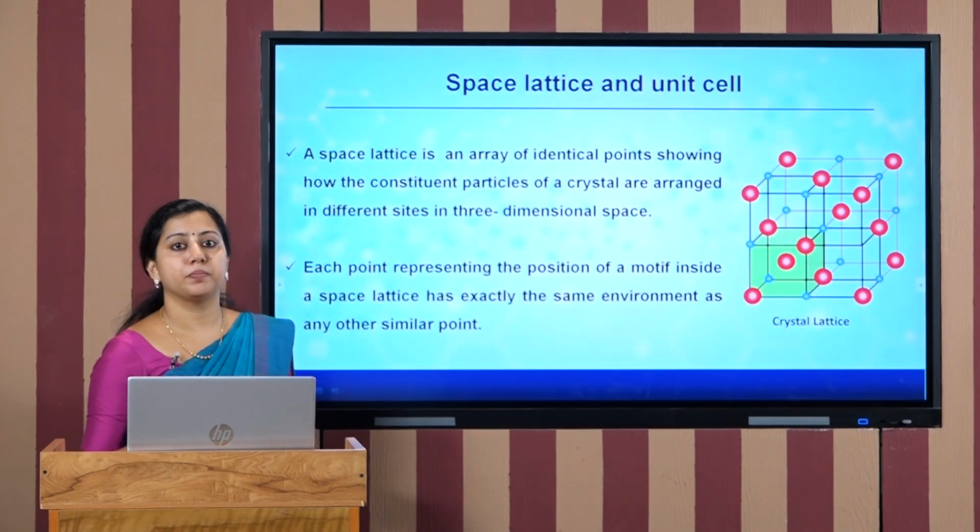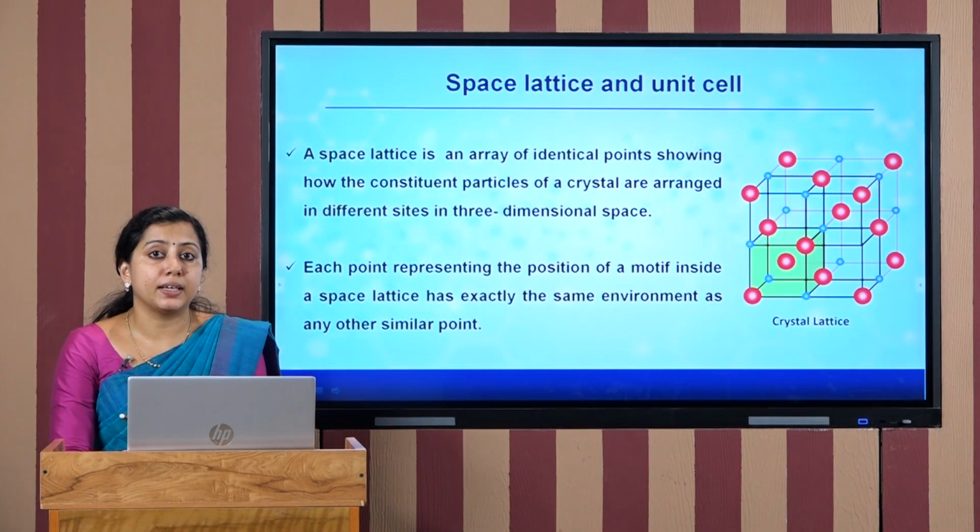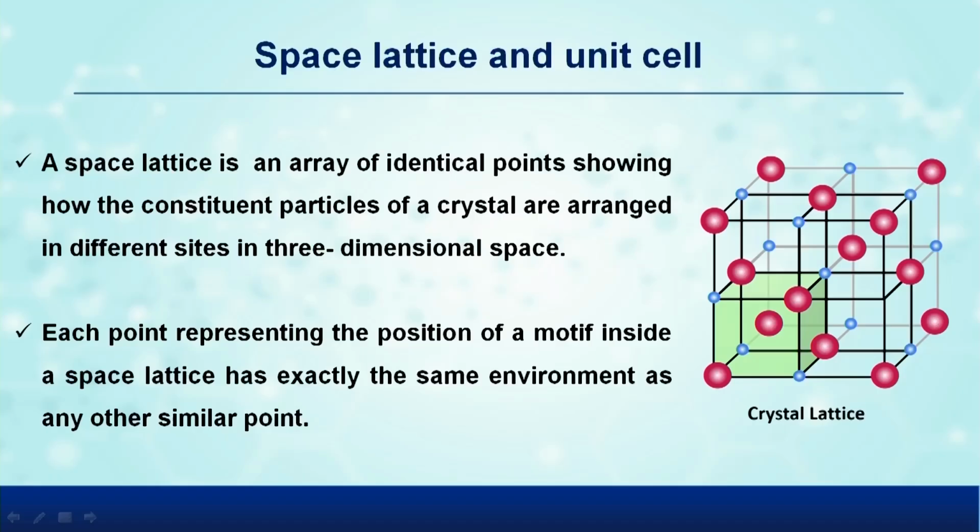Okay. So, what is exactly a space lattice? As I mentioned earlier, it is a periodic array of identical points showing how the constituent particles of a crystal are arranged in different sites, and these sites are called lattice points, different sites in three-dimensional space. Okay.